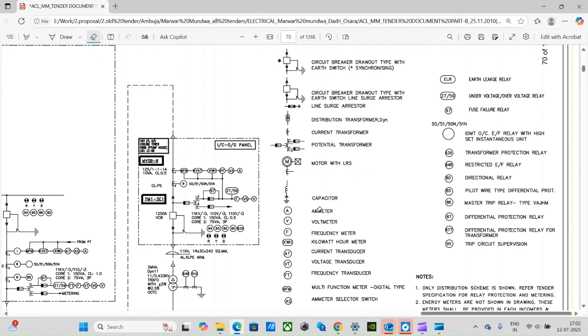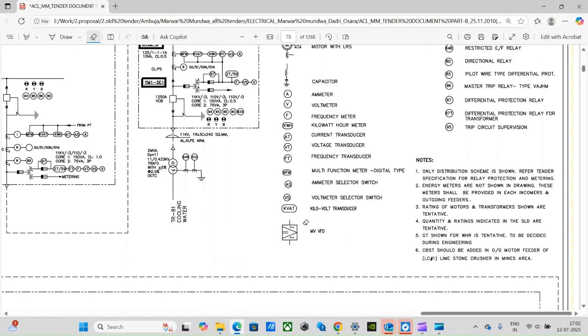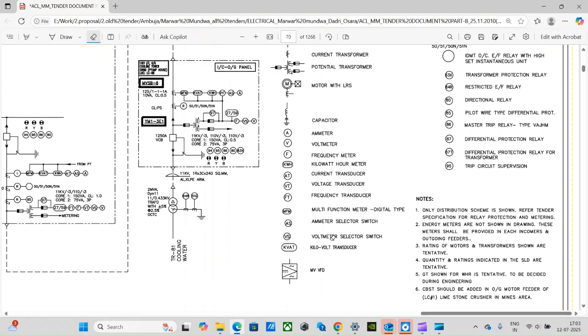This is a motor with LRS, ammeter, voltmeter, kilowatt hour meter, current transformer, voltage transformer, frequency transformer, multifunction meter, ammeter selector switch, and these are IDMT relays with their numbers, ANSI codes, ELR, leakage relay, and this is MV VFD. So that's how you can find out the symbols and their meanings.